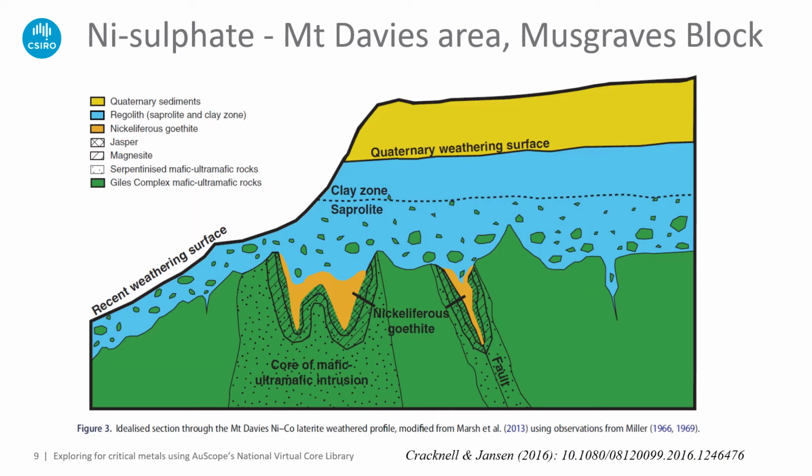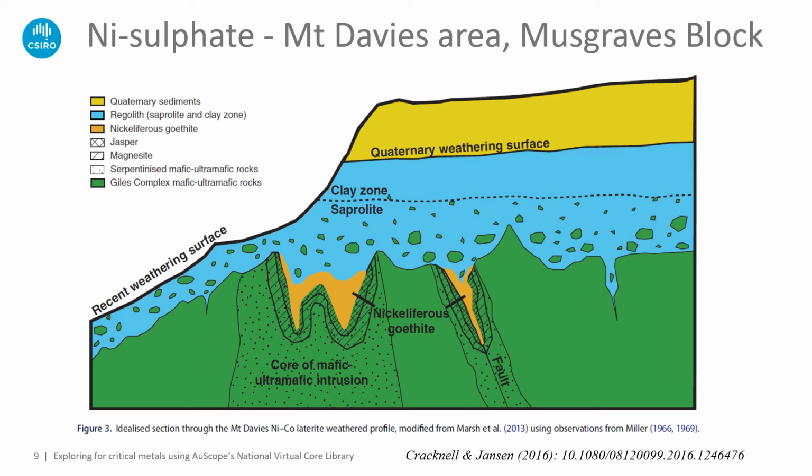The next example is of a number of nickel sulphide deposits that researchers from UTAS have been working on and published in 2016. They looked at nickel sulphide deposits in the Mount Davies area in the Musgrave Block, and we see a diagram that shows the characteristic weathering profile atop these nickel sulphide deposits.